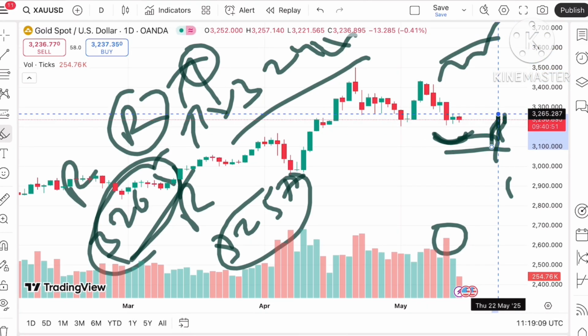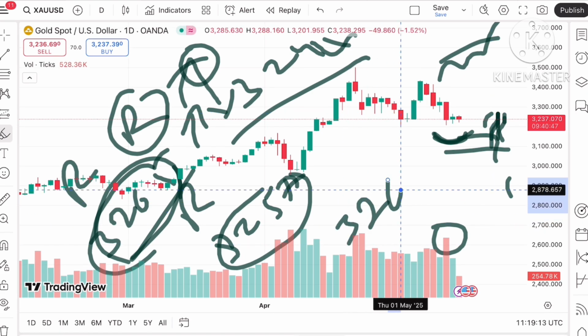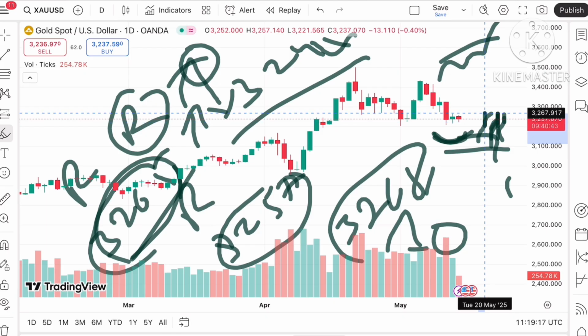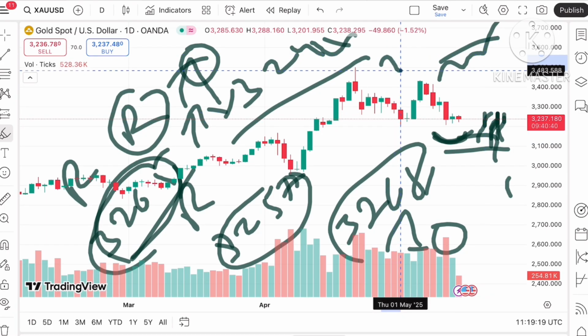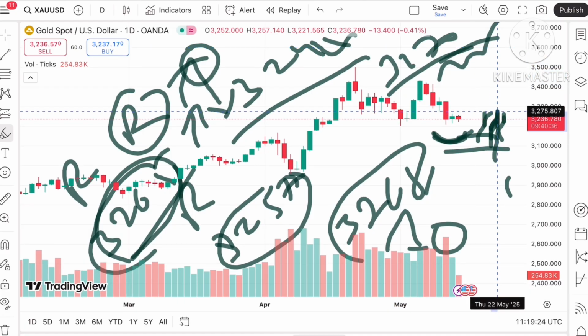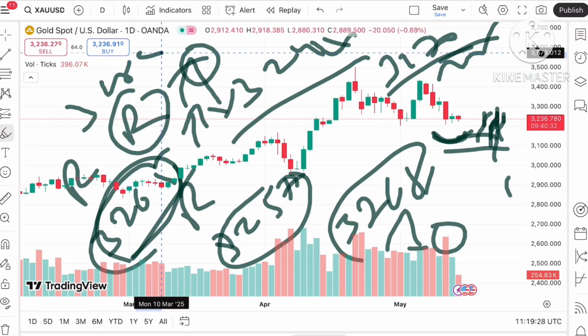We can see the price will go further upside towards the next resistance, that is coming at a level of $3268. Okay, again a bounce back we can see, but if that bounce back doesn't sustain, we can see it will go further upside towards $3270, and once the price moves over 3270, a further upside we can see, that is coming at a level of $3288.